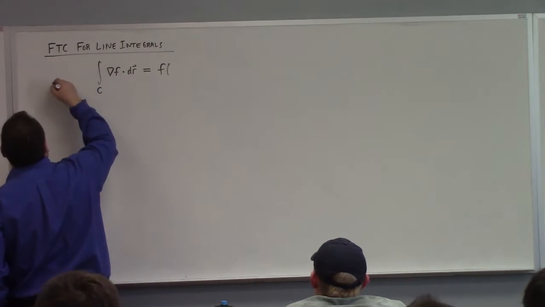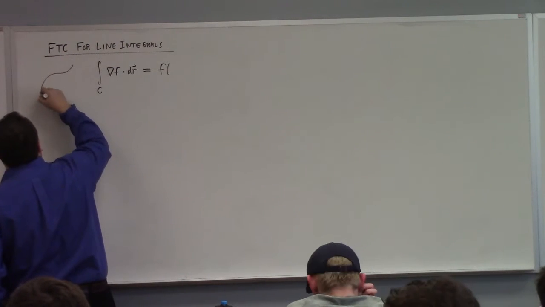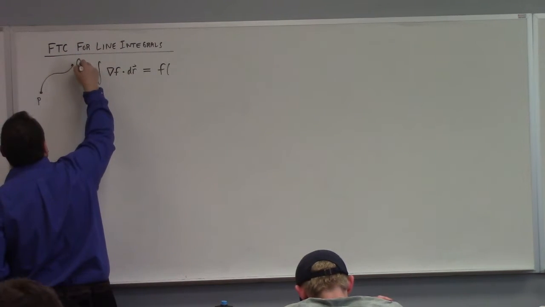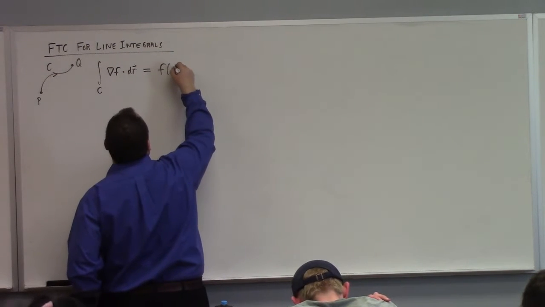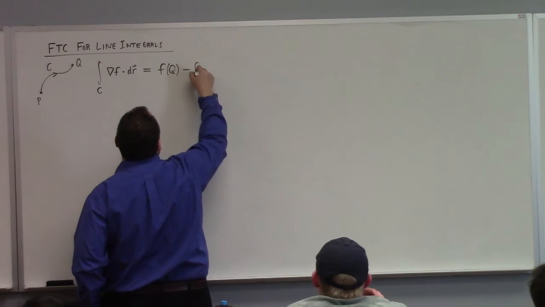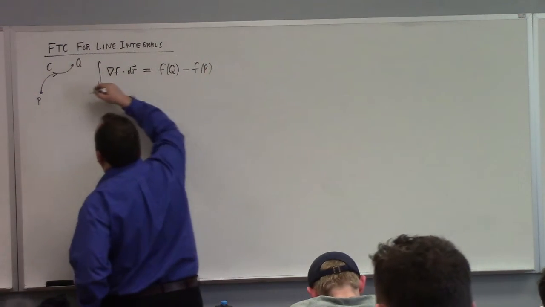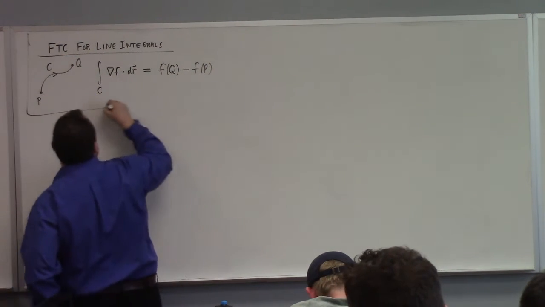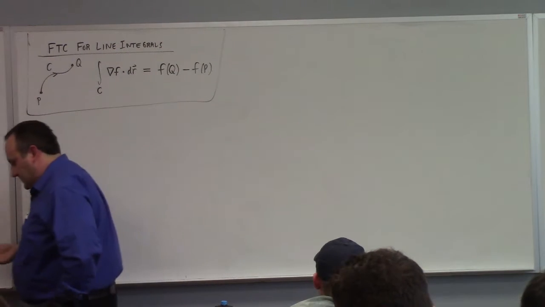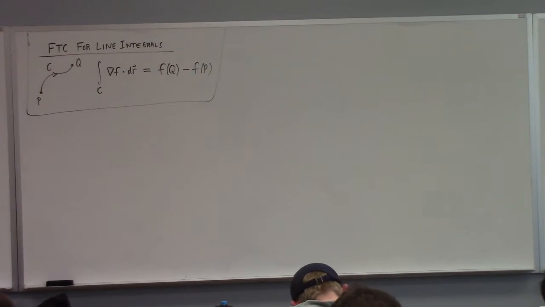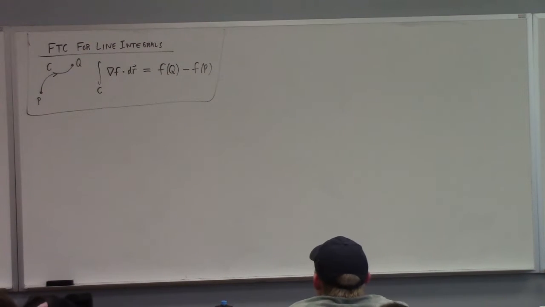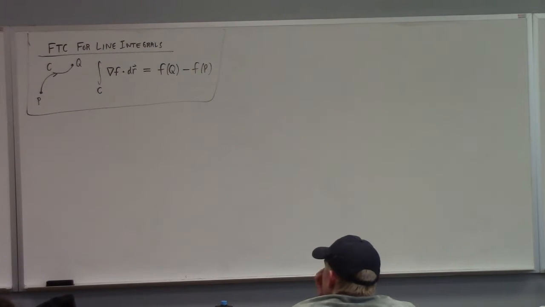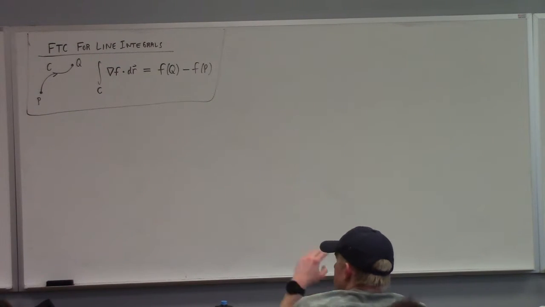And this curve here is a curve that begins at the point P and ends at the point Q for the sake of discussion. So it's equal to f of Q minus f of P. This is the fundamental theorem of calculus for line integrals. It simply says that if you're calculating the work integral of a gradient, you just take the difference of the function that's being gradiented, I guess you could say, differentiated.